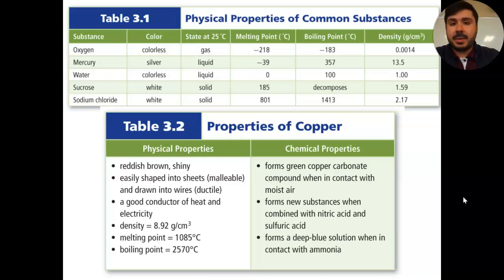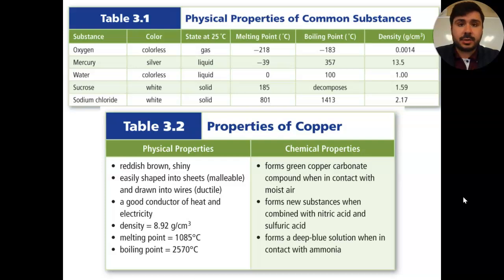When you look at a piece of copper, whether you're talking about a penny or maybe some copper wiring or copper piping that's in your house, for the most part, copper has a reddish brown and shiny look to it. It's easily shaped into sheets, which is the definition for the word malleable, and it can very easily be drawn into wires, which is the word ductile, and that's a big driving force as to why a lot of the electrical work done in homes and businesses is based in copper.